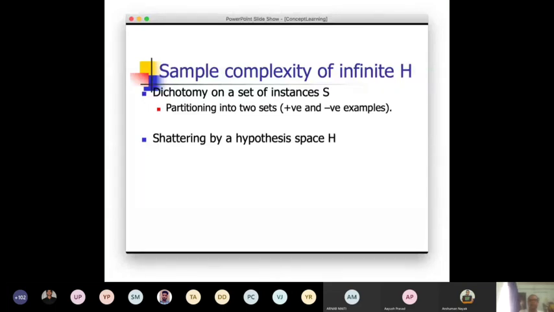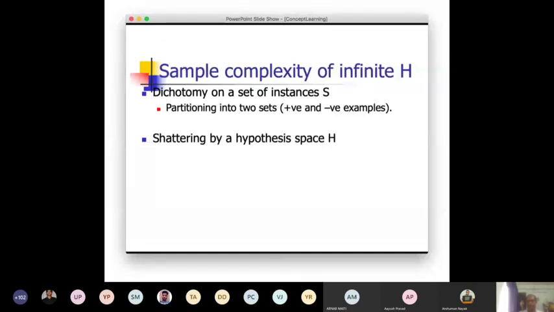So one of the things that we consider is called dichotomy. If I give you a set of instances S, then I can partition these instances into 2 sets, positive and negative. That is called a dichotomy.